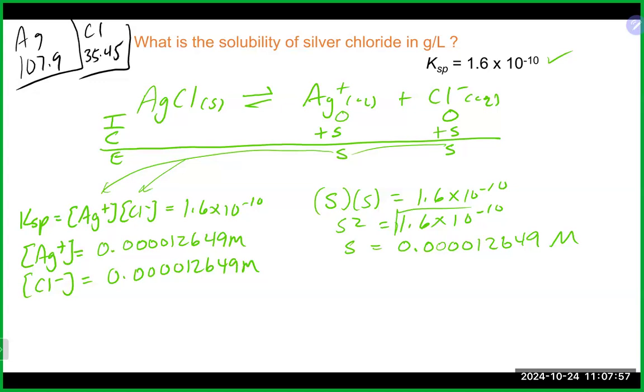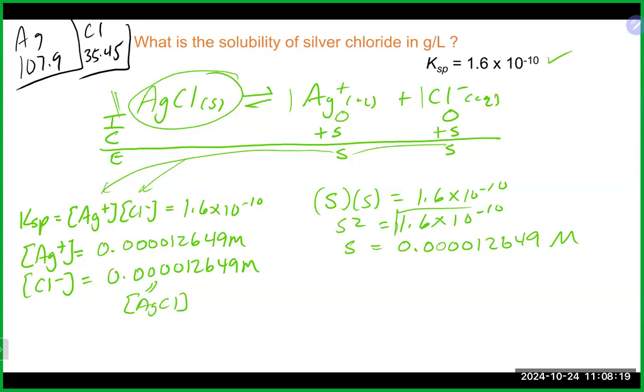And since we're interested in silver chloride, that would also be the silver chloride's concentration, because it's a 1-to-1 relationship going backwards. This is also the silver chloride's concentration as well.